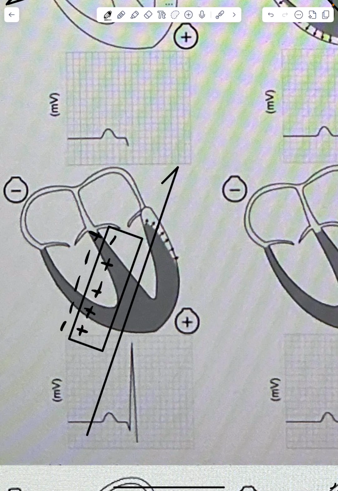We're going from a negative to a positive, but we're going a negative tail to a negative electrode, and it's going to cause a down tick.